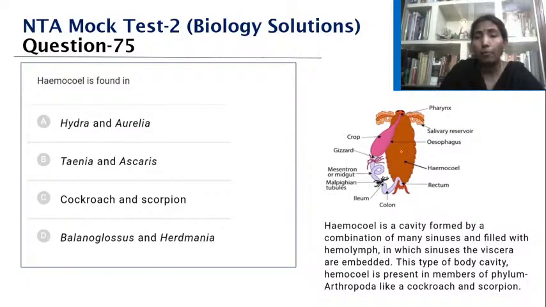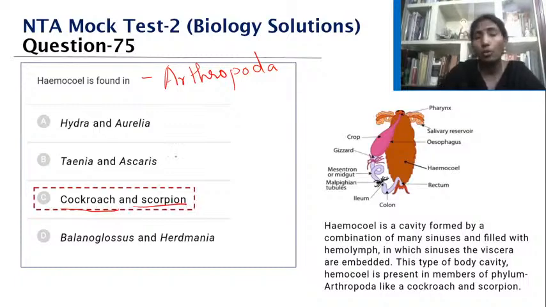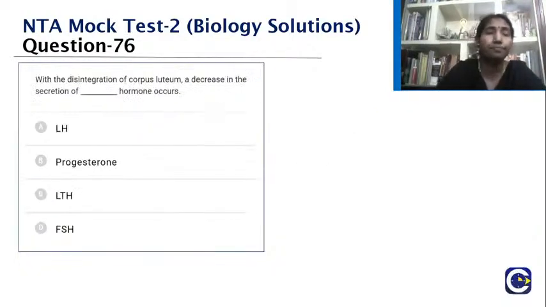This type of body cavity, the hemocoel, is very characteristic of one particular phylum, Arthropoda. So Arthropoda is the cockroach and scorpion, which is the right answer. Yes, very good, Tasmim. You have given the right answer.